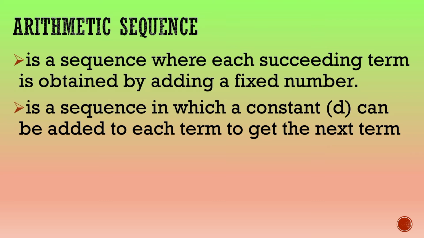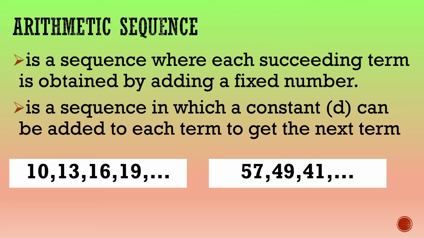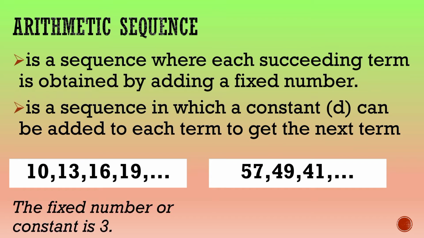Okay? Let's say, for example, 10, 13, 16, 19. Do you think this is an arithmetic sequence? How about 57, 49, 41? Do you think this is also a arithmetic sequence? 10, 13, 16, 19 has a fixed number or constant of 3.